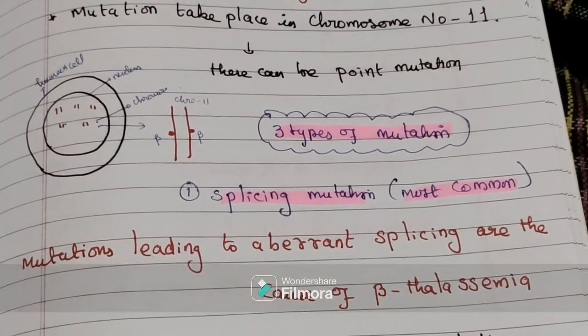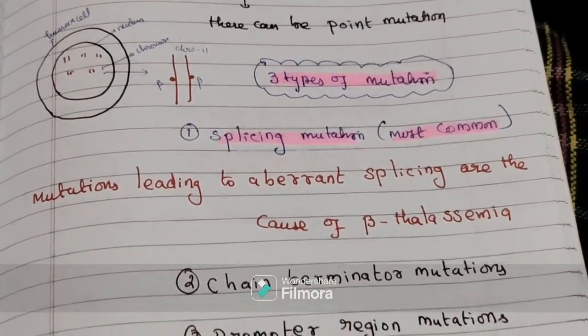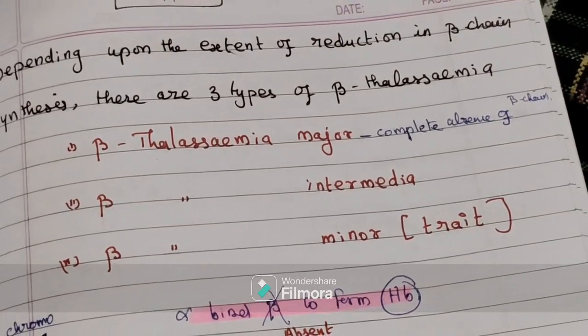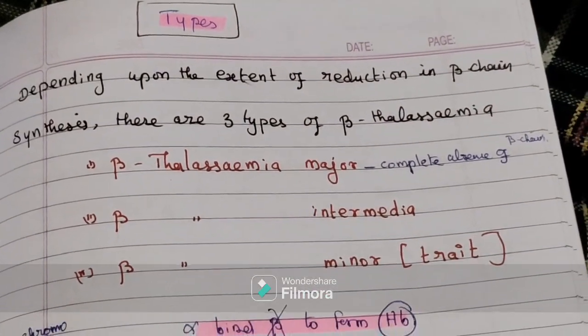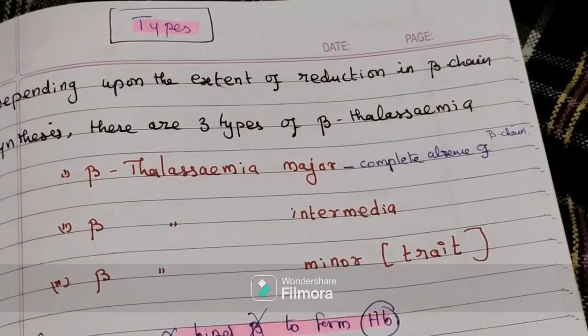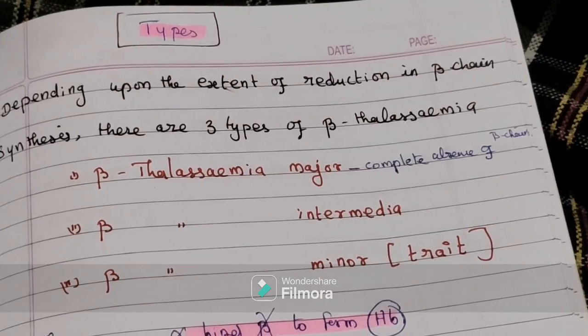Now there are 3 types of beta thalassemia: major, intermediate and minor. In major, there is complete absence of HbA, complete absence of beta chain.